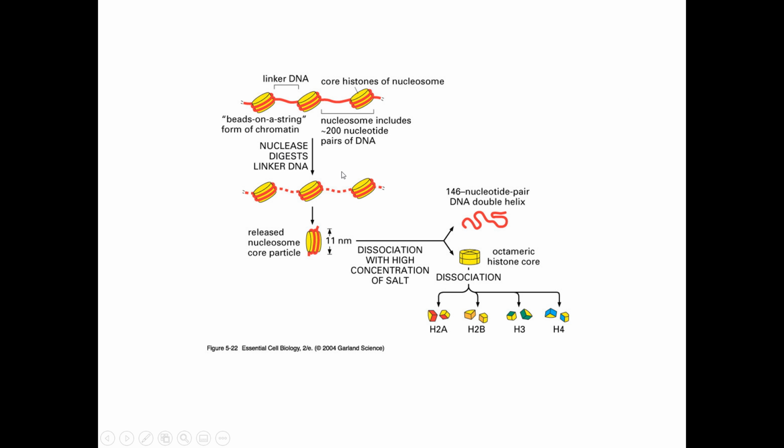So again I will tell you, see here in the first photograph you can see the histone core, and this is the DNA which wraps, usually it wraps 1.75 turns.